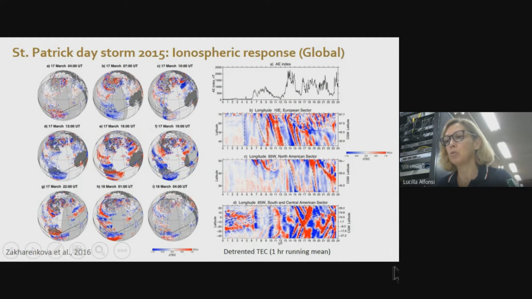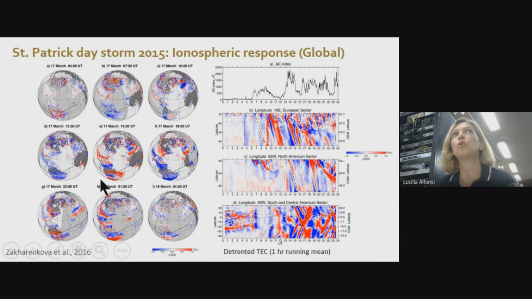In particular, you can see how the positive reaction, so the enhancement of electron ionization, starts from the North Pole and then expands all over the world.